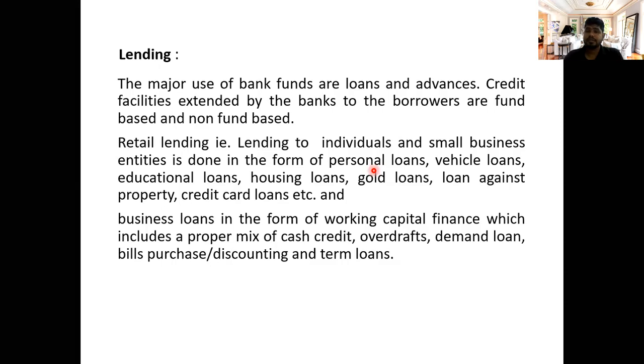If you want to buy some properties, then you can get the loan from the bank. And credit card loans. So if you purchase something by using your credit card, it means implicitly, in the background, the bank has paid the money to the merchant when you use the credit card.